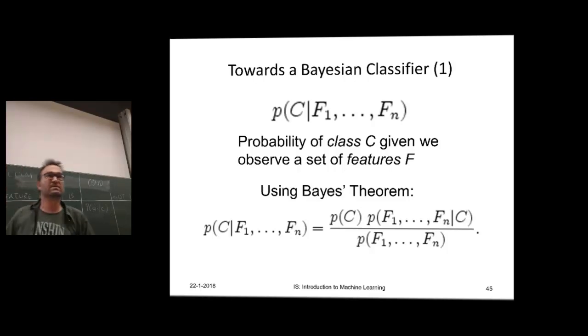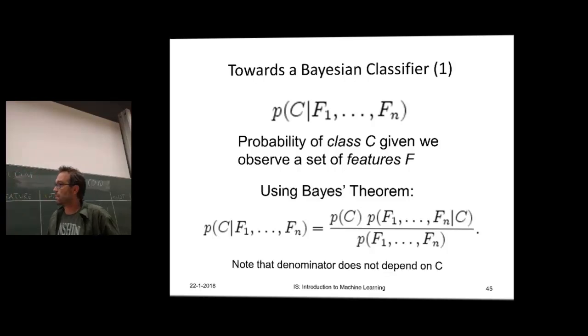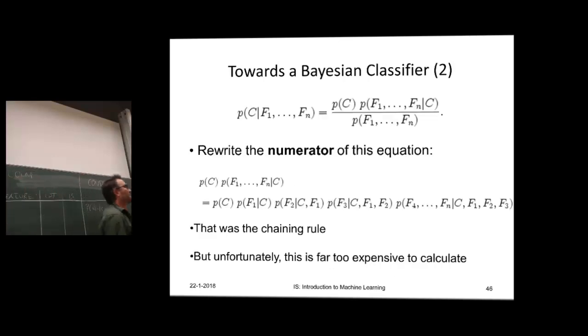So that is weighted by the number of words in all the emails that I get in the first place. And the good thing is that the denominator doesn't depend on the class, so that's independent of whether it is spam or it's not spam. So we use that later to simplify the calculation.